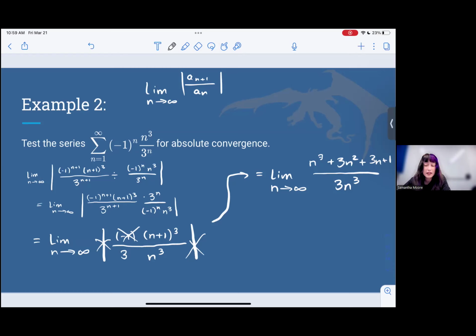Or if we think back to our pre-calculus knowledge, we can really just think about our highest order terms, right? So this is the same thing as the limit as n goes to infinity of n cubed over 3n cubed. The n cubes cancel, so this is the limit as n goes to infinity of 1/3. That's just a constant, so we get 1/3.